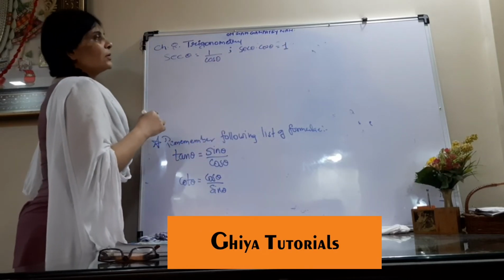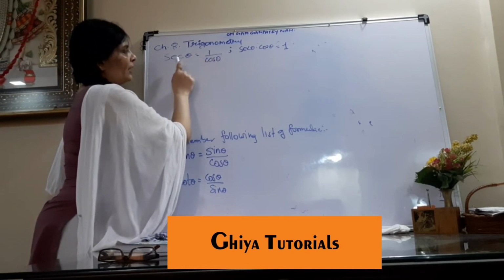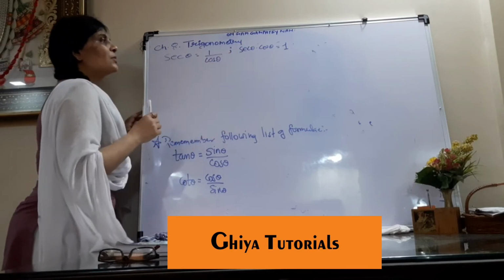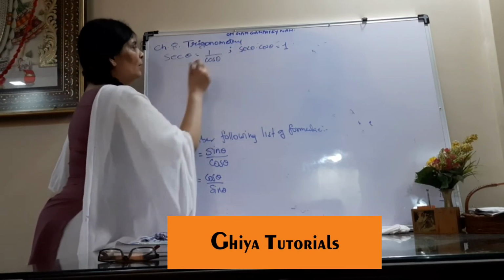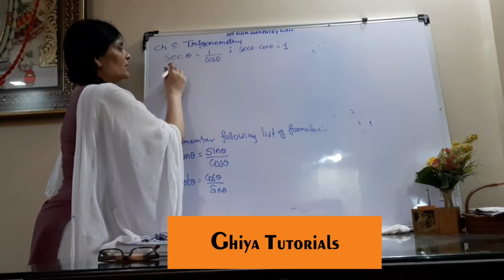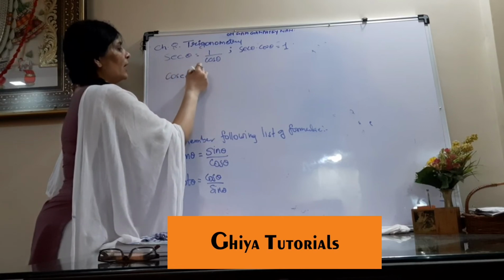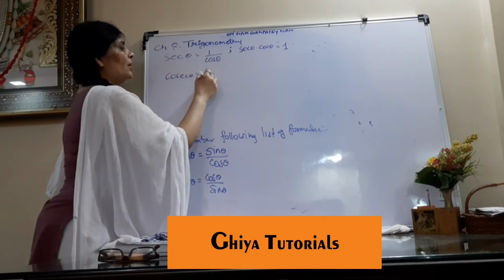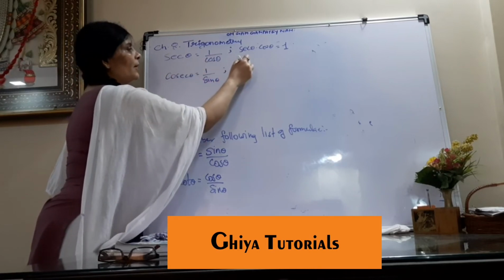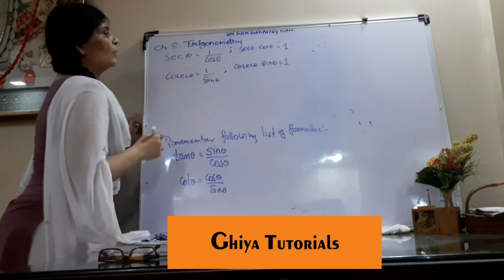So identities give the value 1, and the formula obtained from inverse functions, sec theta into cos theta, also gives a value of 1. Then cosec theta equals 1 upon sin theta. Cross multiplying, cosec theta into sin theta equals 1.